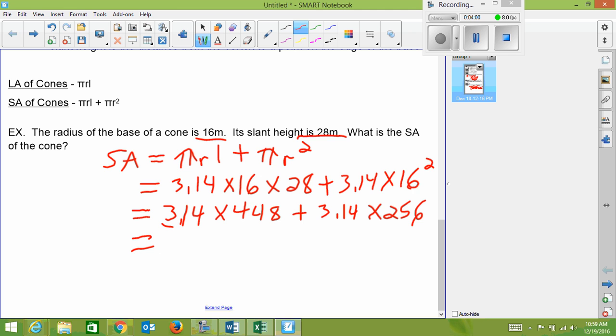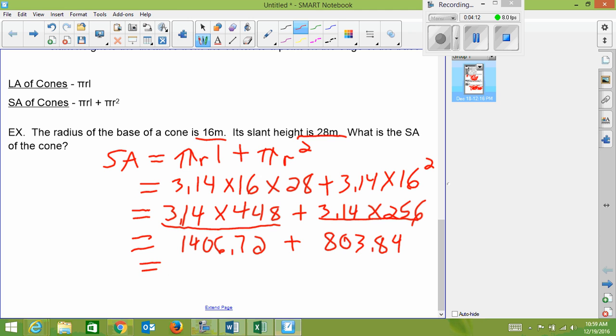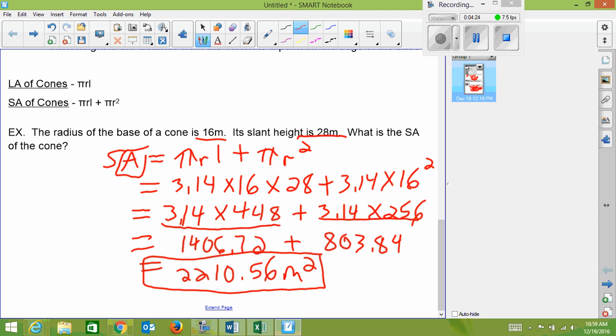So I just need to finish this up by multiplying these two, which is 1406.72, and multiply these two, which is 803.84. It doesn't say to round it, so I'm just going to add them. 2210.56, and again, it is area, surface area, but the area is there, so you have to label it with the square meters on that one.